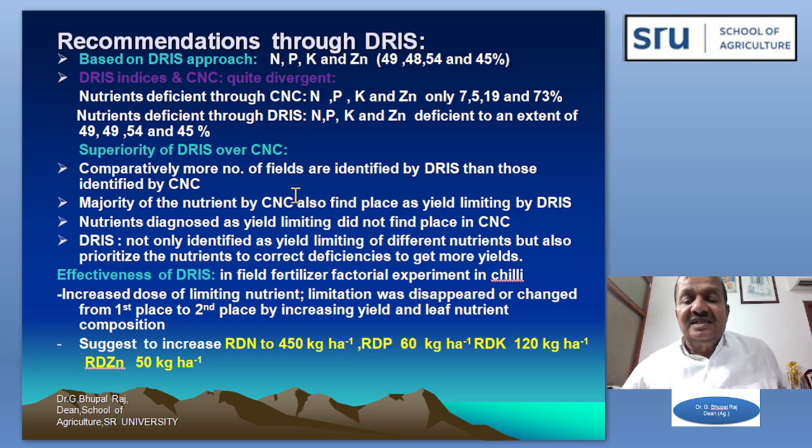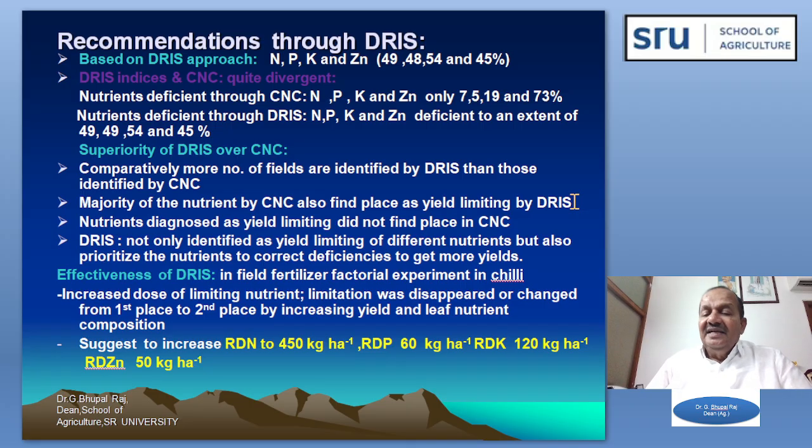The majority of the nutrients found deficient through critical nutrient concentration also find a place as yield limiting in DRIS. Whatever nutrients are diagnosed deficient through the CNC are also found deficient in DRIS. In addition to the nutrients identified by the CNC method, still more nutrients are identified through DRIS. Some nutrients diagnosed as limiting by DRIS did not find a place in the CNC.